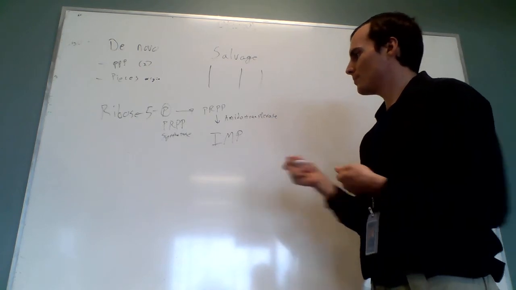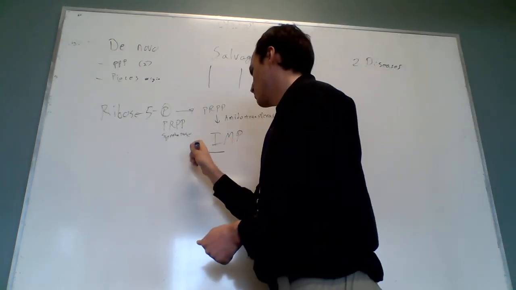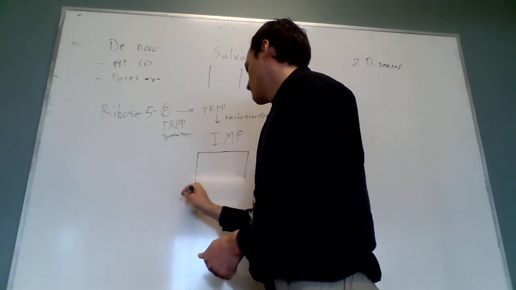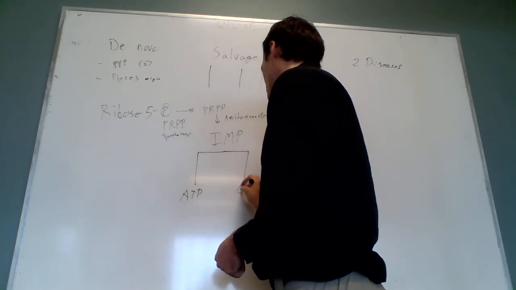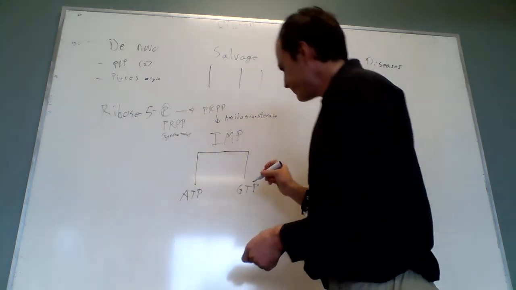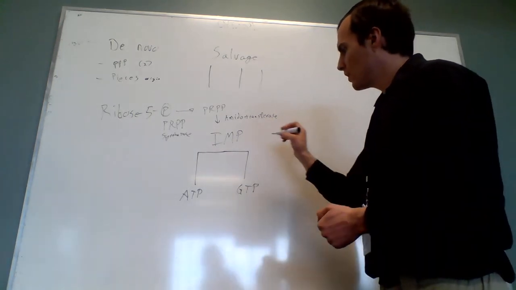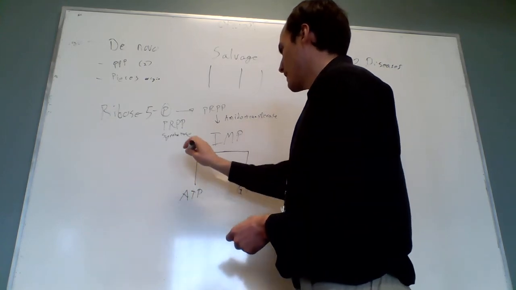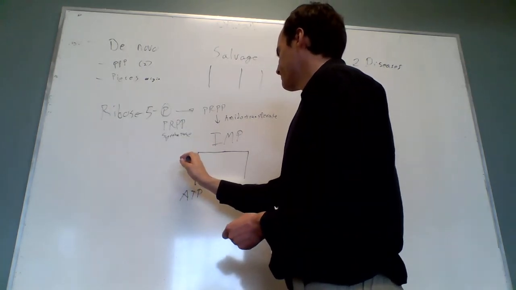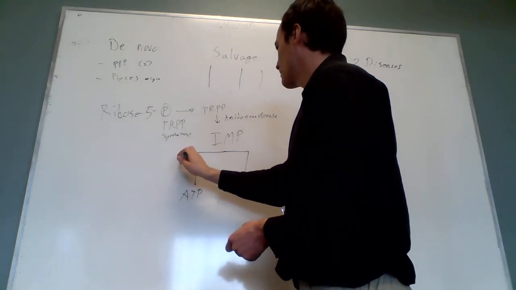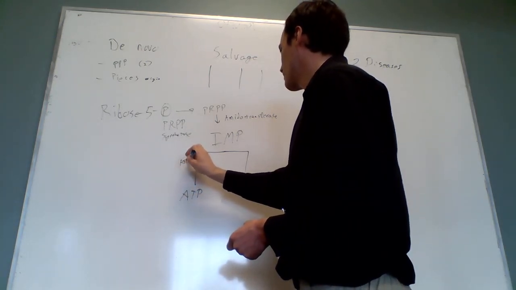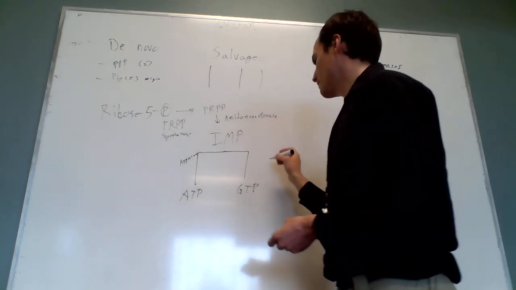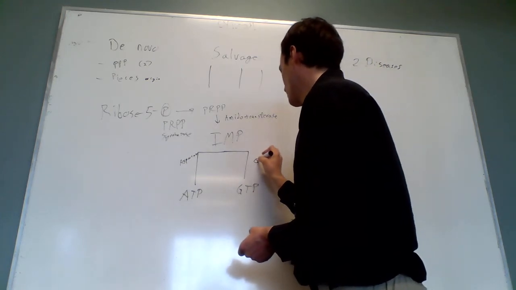So, IMP can be changed into either of the purines. It can either become ATP or GTP. Now, if you're going towards ATP, you're going to have aspartate involved, and if you're going towards GTP, then you're going to have glutamine involved.